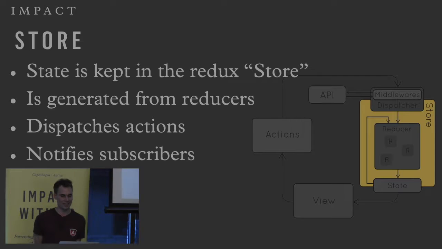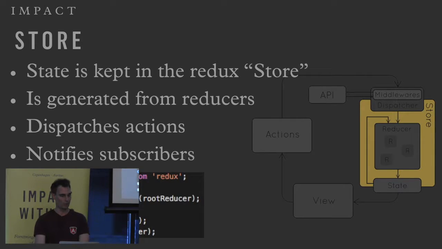Makes sense semantically. And what can you do with the store? Well, you can dispatch actions, as I just said and as was highlighted by the animation before. And it also handles the notifying of every subscriber from your application.